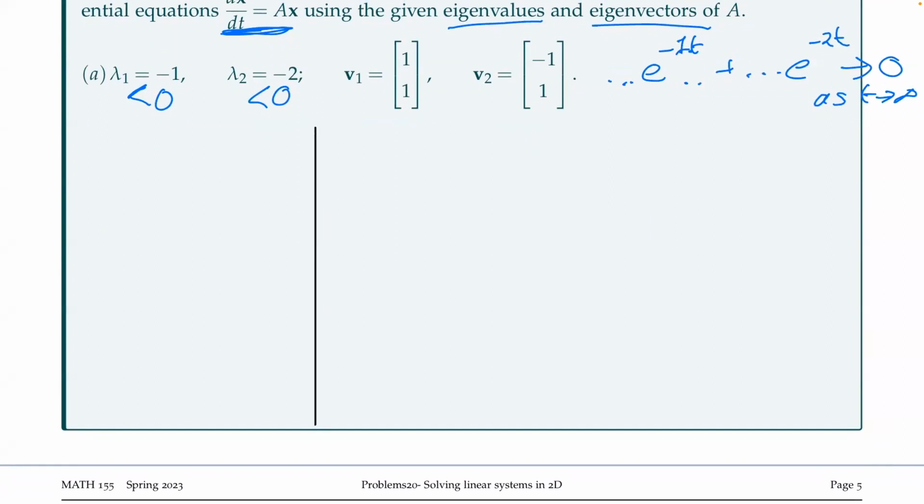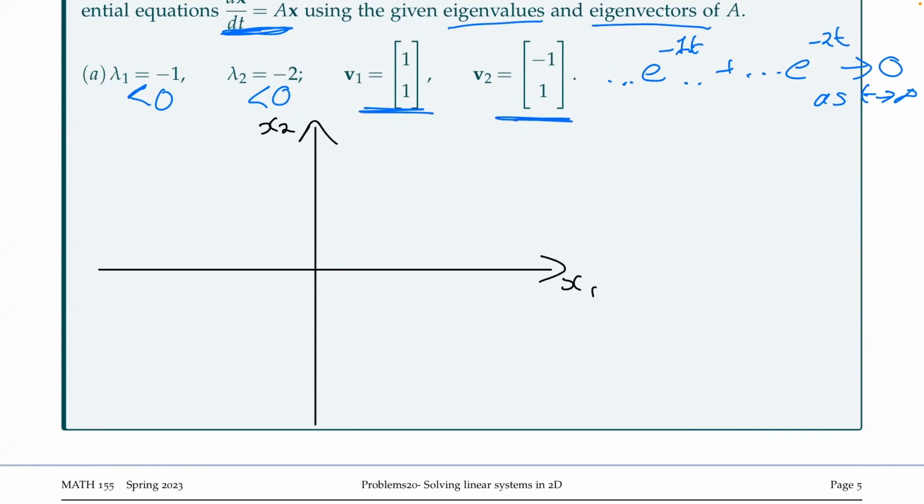So I'm going to plot an x1 and an x2. How can we draw this phase plane? Well, we have our eigenvectors, v1 and v2. So this v1 here, if we started at the origin, we're moving 1 unit up and 1 unit to the right.